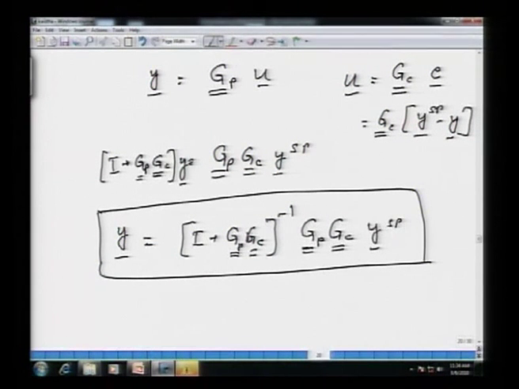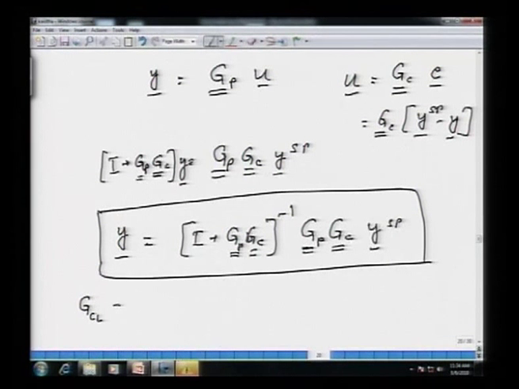By analogy, if you remember your single input single output system, what you had there was the transfer function G closed loop, that is equal to y divided by y set point.